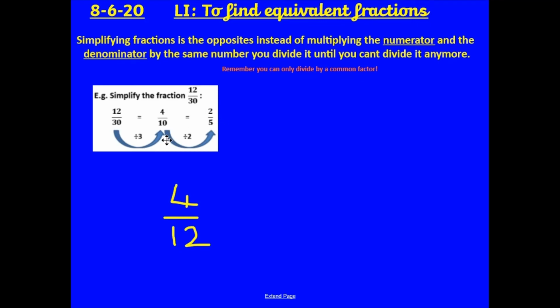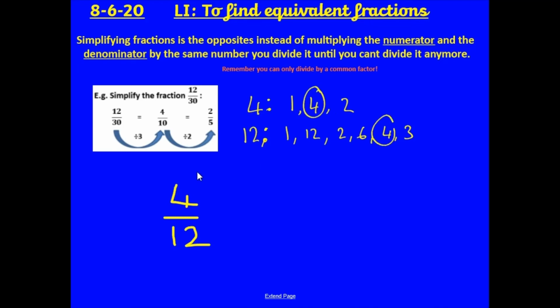Now let's have a look at simplifying 4/12ths. What can they both be divided by? Well, the factors of 4 are 1 and 4, and 2 and 2, because 1 times 4 is 4 and 2 times 2 is 4. The factors of 12 are 1 and 12, 2 and 6, and 4 and 3. What is a common factor of 4 and 12?